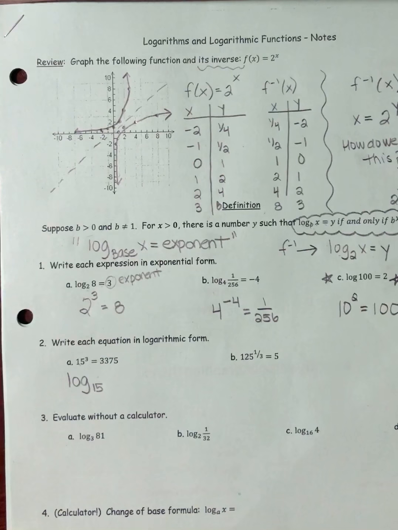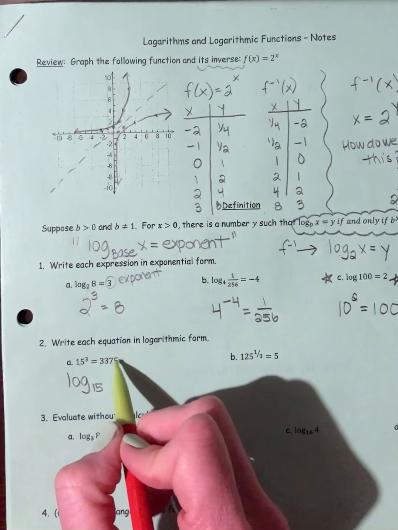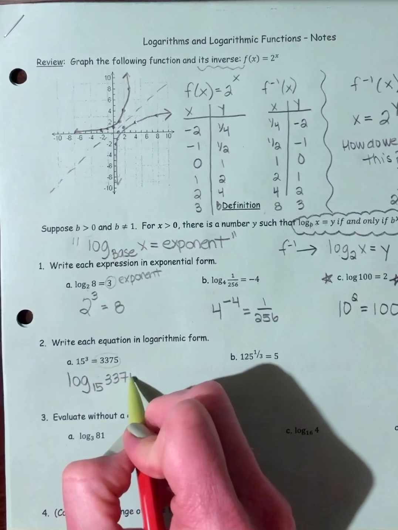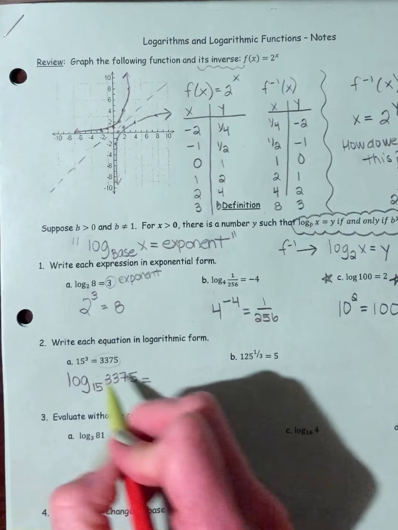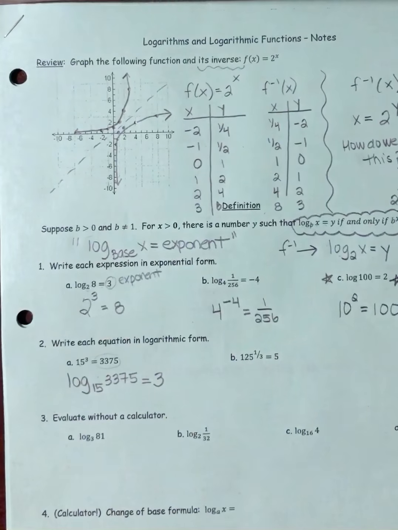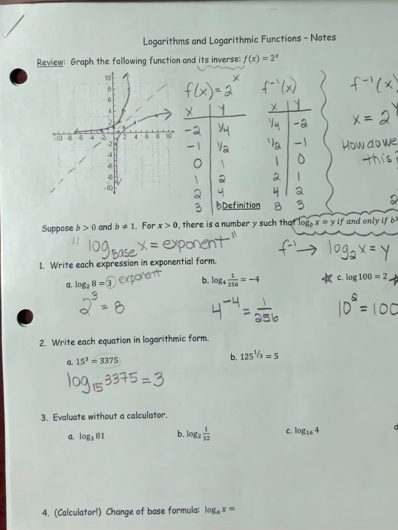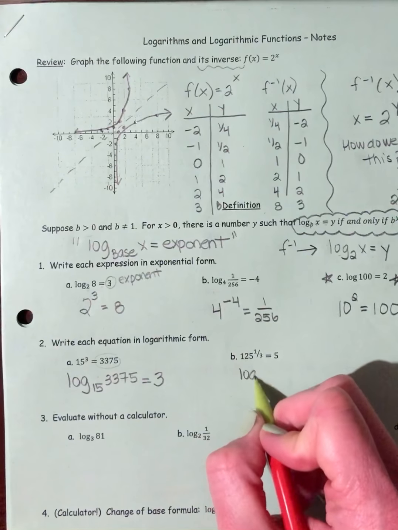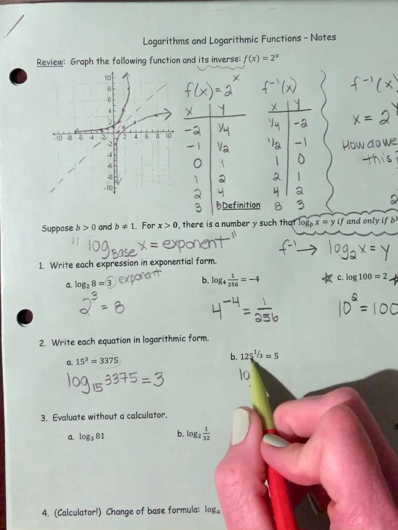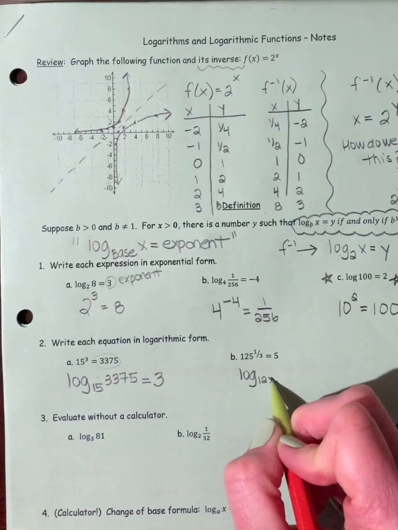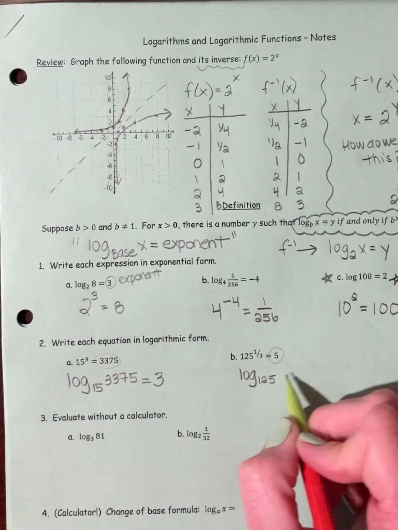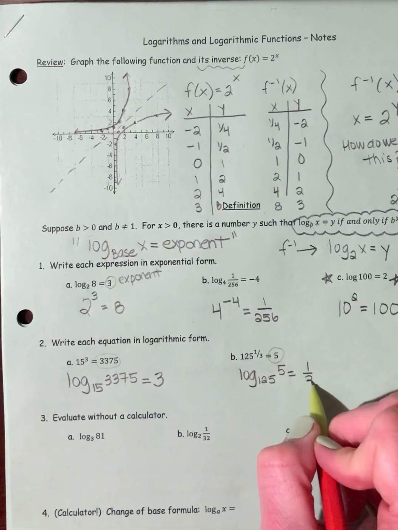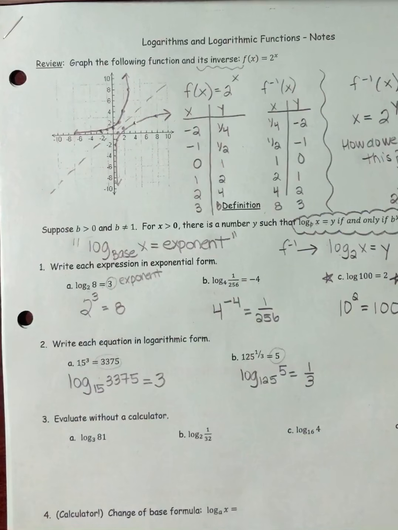So the log base b of whatever x is, in this case, 3,375, is always equal to the exponent, which is 3. And then again over here. So I have the log. What is the base? So the base is 125 of the value 5 is equal to the exponent, which is 1/3.